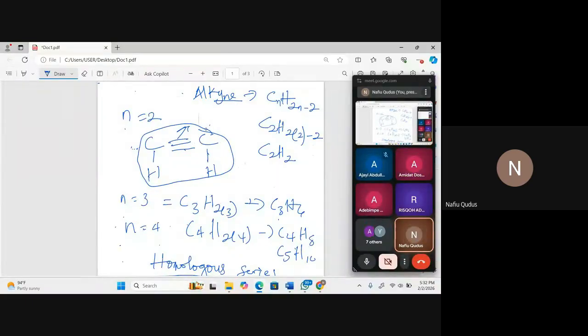And don't forget, from alkane to alkyne, how many hydrogens have been lost? Four. Four hydrogens. And don't forget that we said 2 electrons make a bond, right? Yes.